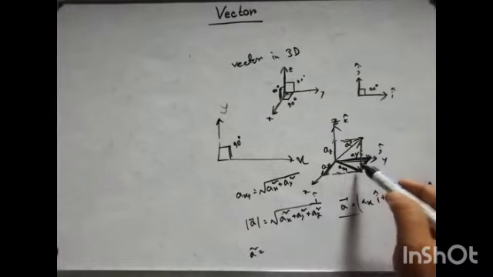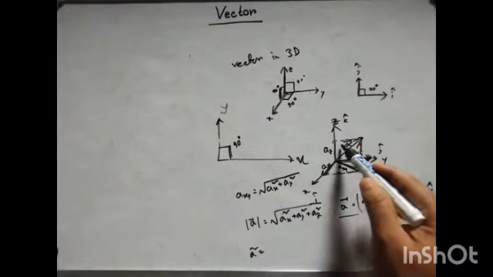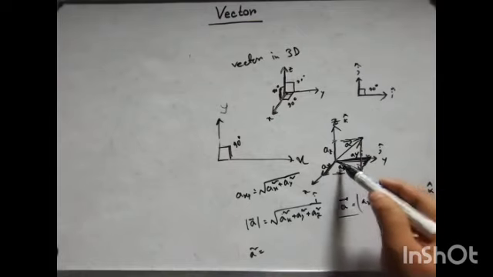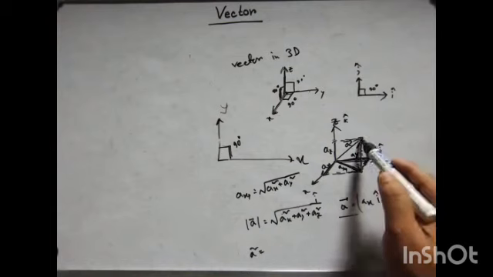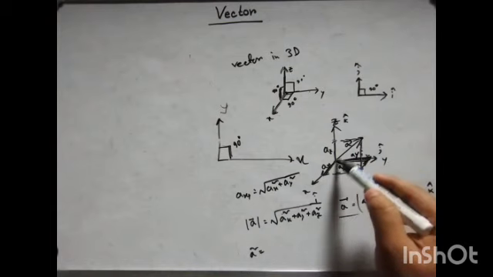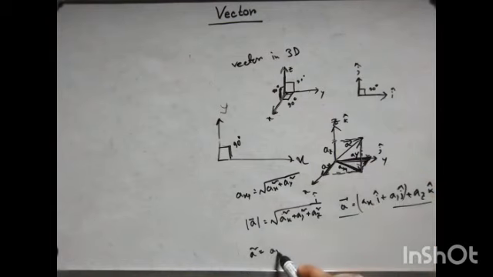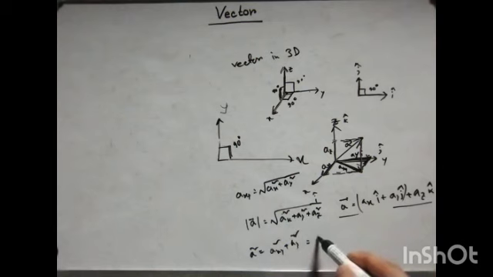And this az k cap is 90 degrees with the xy plane, so these are 90 degrees with each other, so a square will be axy square plus az square, and axy square means ax square plus ay square.